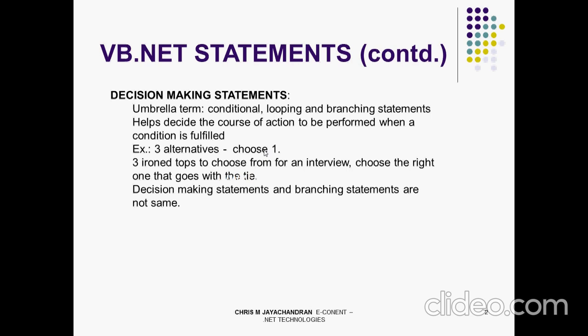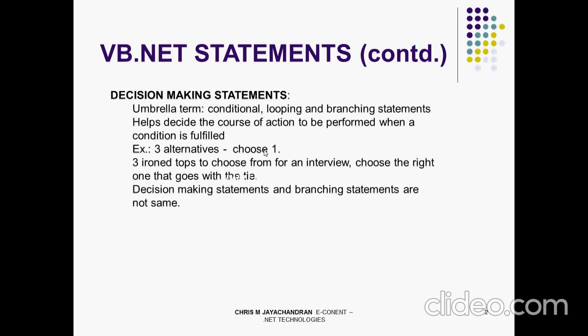Well, I was not satisfied with the answers or the kind of coverage given in those books. Well, I understand decision-making statements is an umbrella term that houses conditional statements, looping statements, and branching statements.